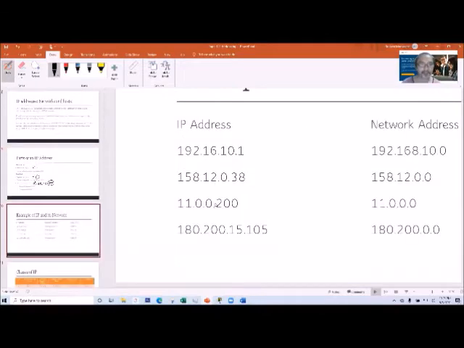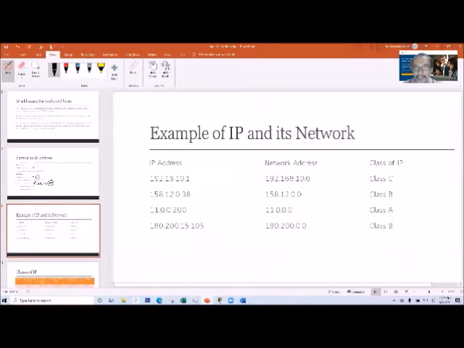So here are examples of an IP address with its particular class. Let's say, for example, the IP is 192.168.10.1. That IP belongs to network 192.168.10.0, and this network is a class C network. Another example, you have 158.12.0.38.